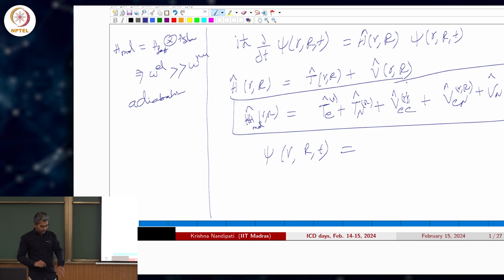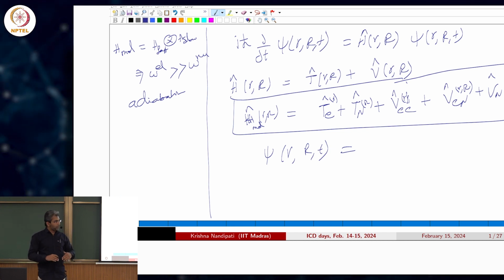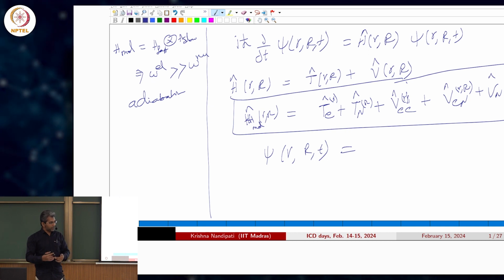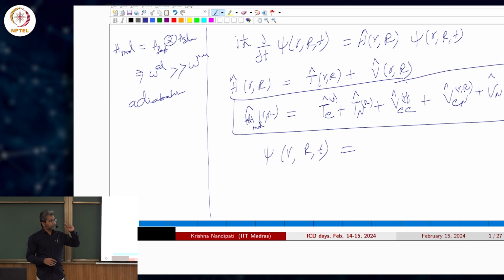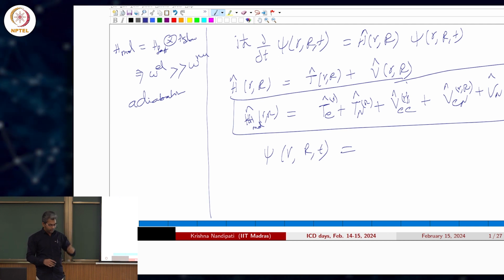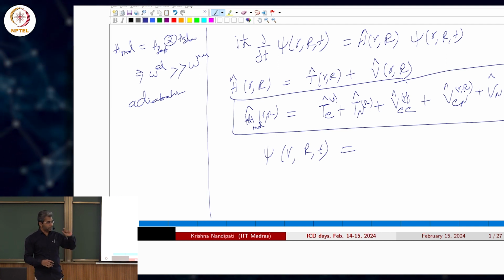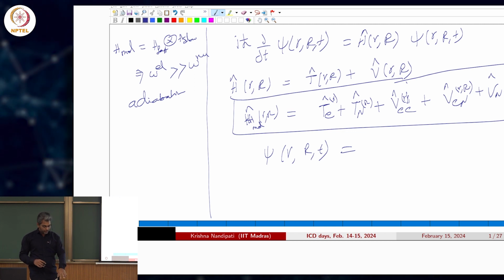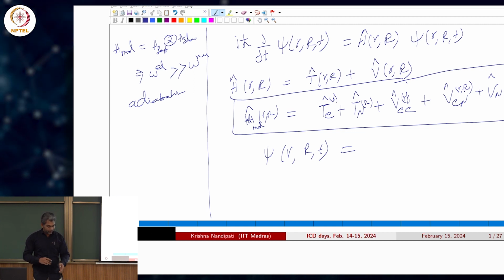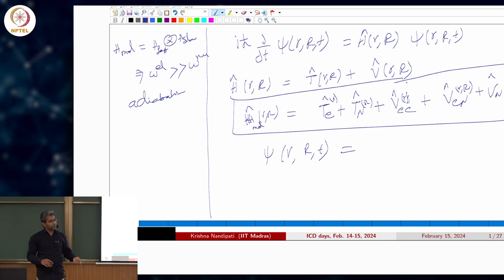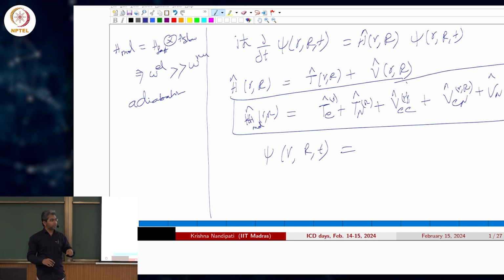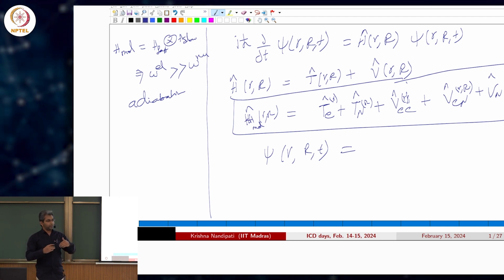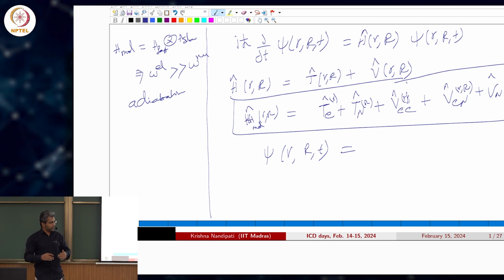In the molecule you have electronic states and nuclear vibration levels, and this corresponds to the frequency between the nuclear vibration levels, and this is the frequency corresponding to electronic motion. So you see the frequencies are associated with the time scales of the motion, which are also inversely proportional to the mass of the electron divided by the mass of the nuclei.